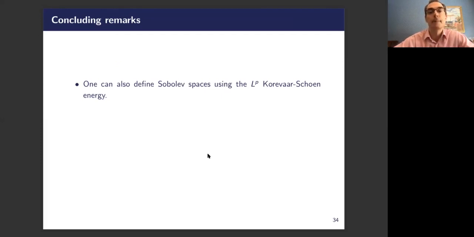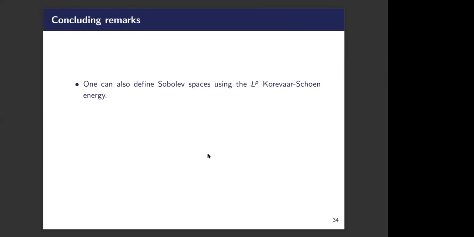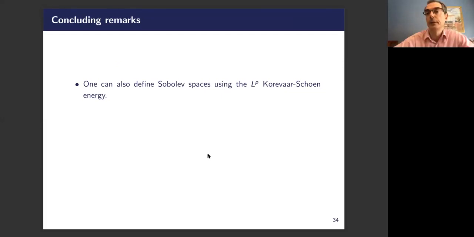So just to conclude, I focused my attention in this talk on the study of sets of finite perimeter and BV functions, because I like a lot the isoperimetric inequality, which is a geometric inequality. But it's possible also to develop the theory of Sobolev spaces.